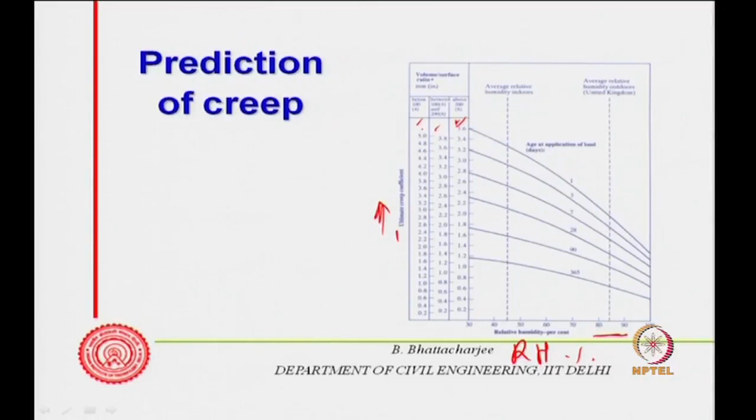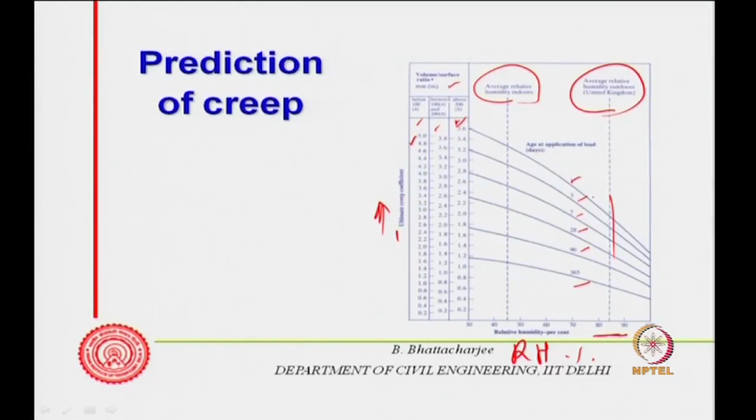And this is the relative humidity. This is the average relative humidity indoor condition, this one is outdoor in the United Kingdom, and this is for ages 1, 3, 7, 28, 90, 365. So, these are the ages.